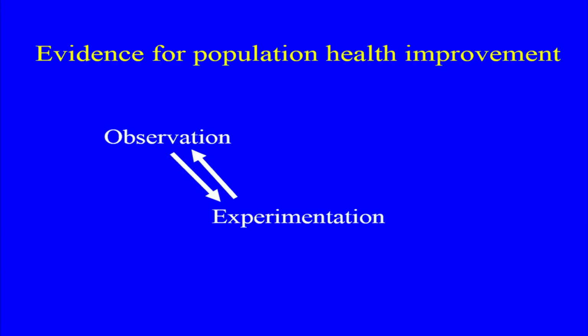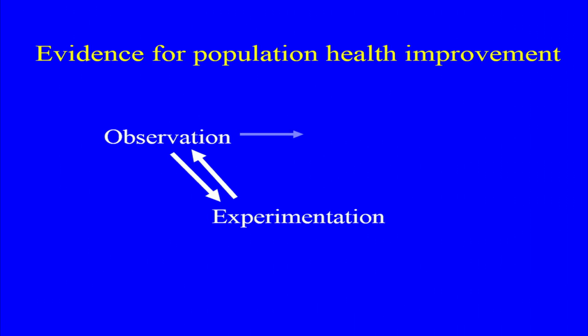In building this evidence, I think we need to think about different sources of evidence. Observation is important. Observation can lead to experimentation. As we now know, literature on neighborhood effects led to the Moving to Opportunity experiment. Moving to Opportunity suggested new areas for observation to try to explain its findings, some of which were unexpected.